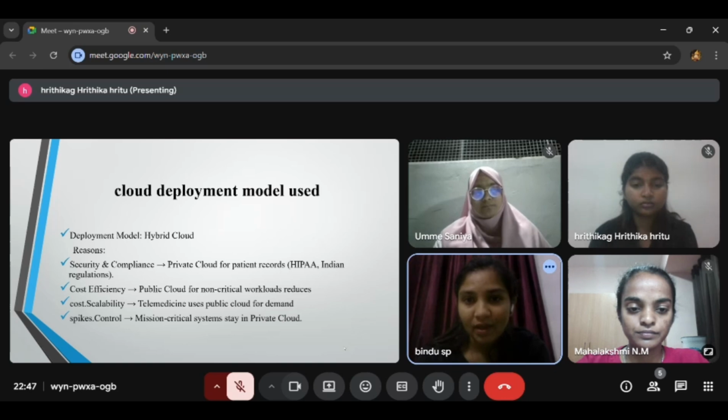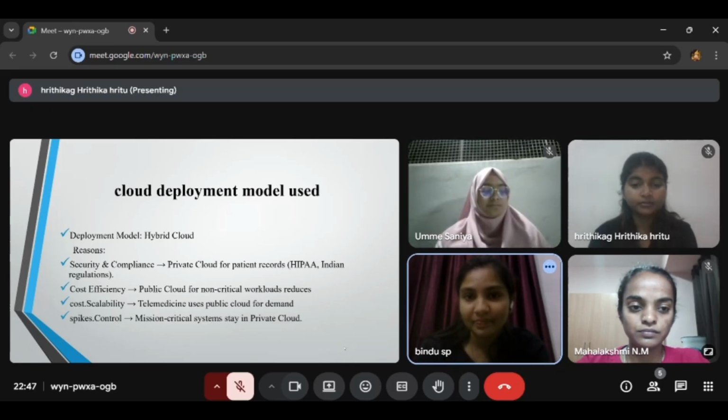Cost efficiency: non-critical workloads are handled in public cloud, reducing costs and improving scalability. Services like telemedicine that face sudden demand can use the public cloud to scale quickly. Mission critical systems remain in the private cloud while extra overload and workload can go to the public one.